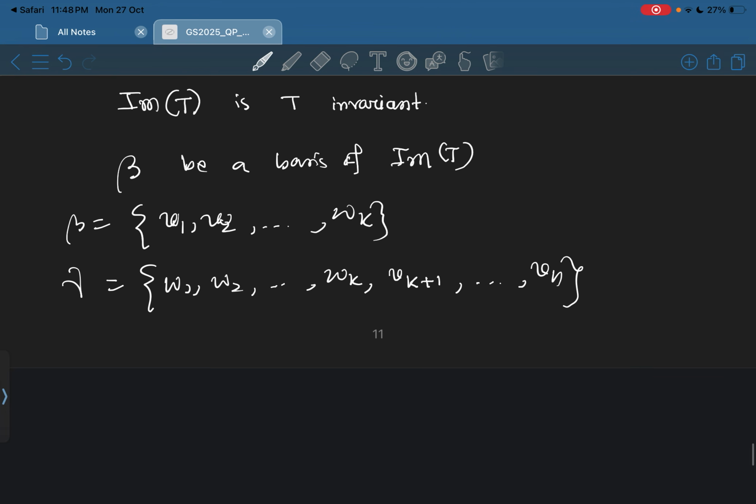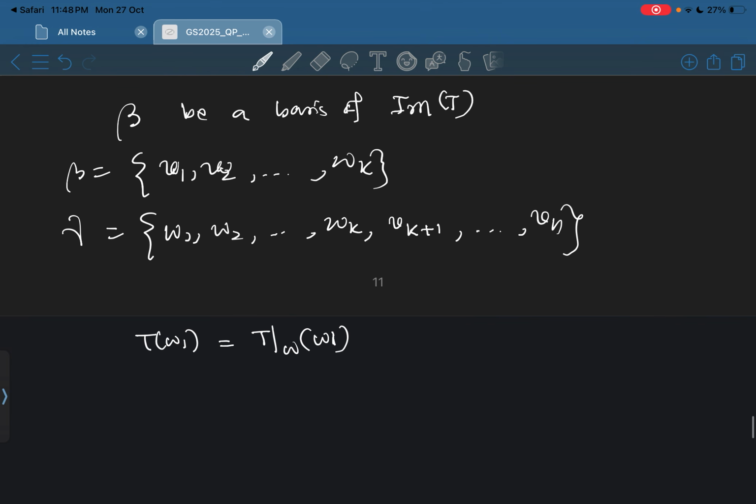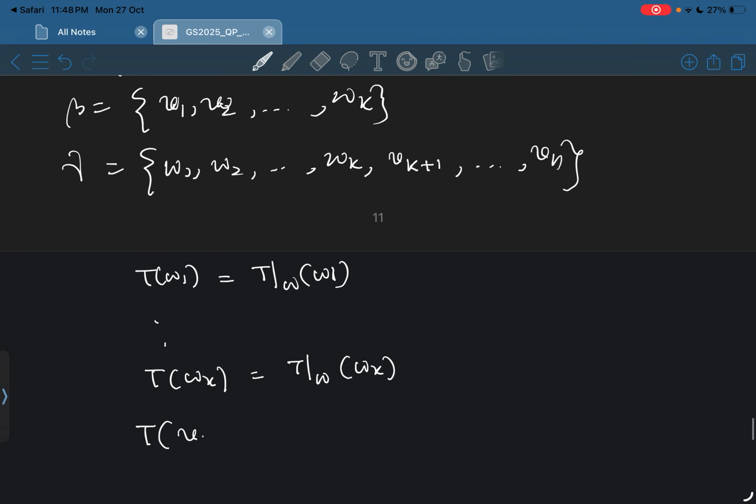Then we can find the matrix representation. What is T of W1? T of W1 is the same as T restricted to W of W1. This is by definition. Then you get T of Wk, which is the same as T restricted to W of Wk, by definition of the restriction operator. Now what is T of Vk plus 1?